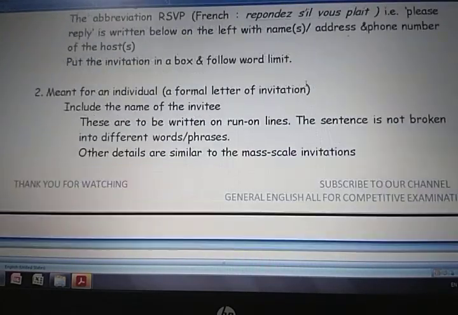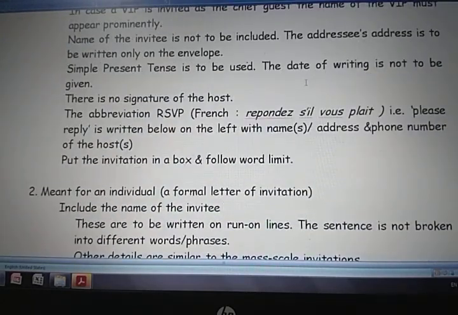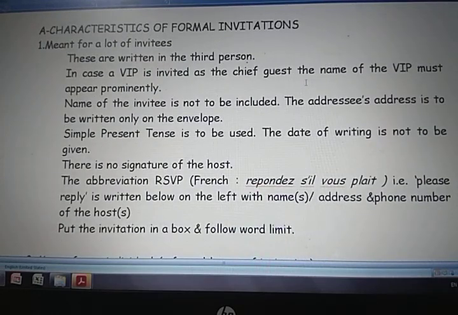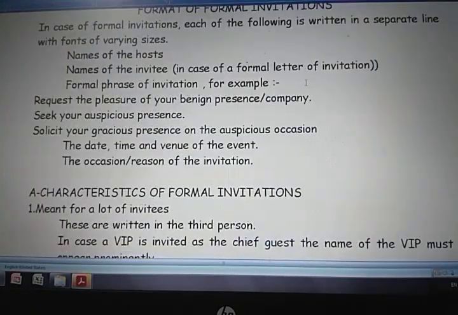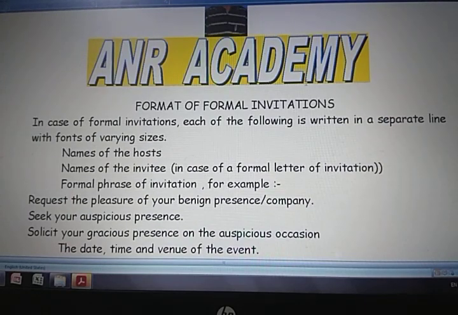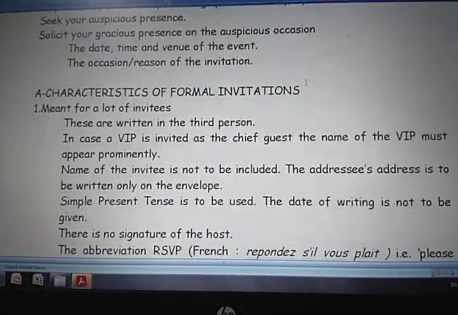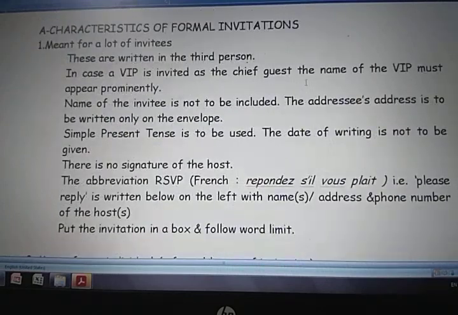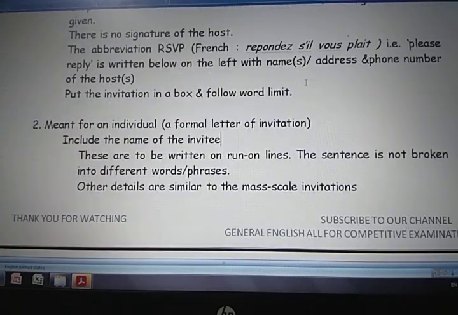This is the format of your formal invitation. So in our next class, we write one invitation. We draft one invitation in our next class.